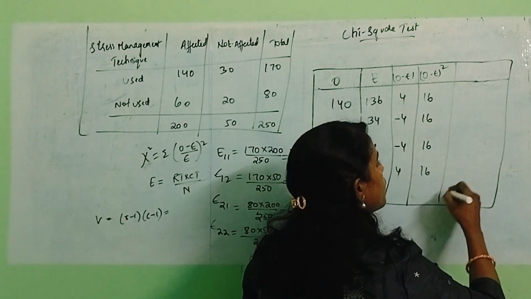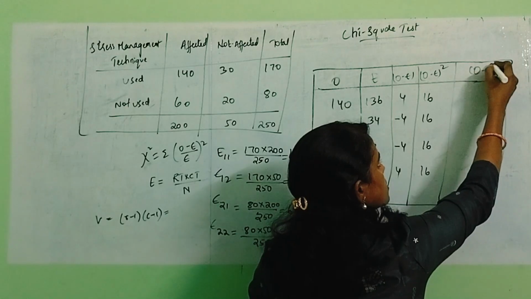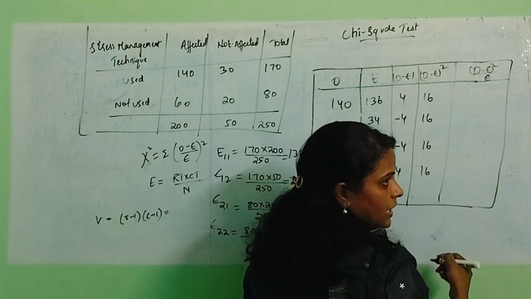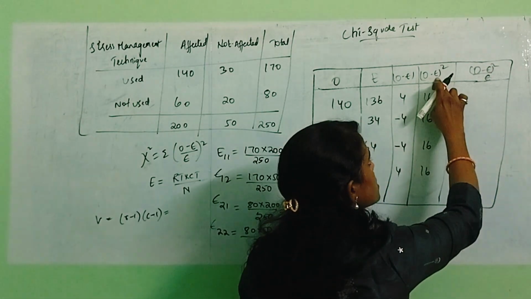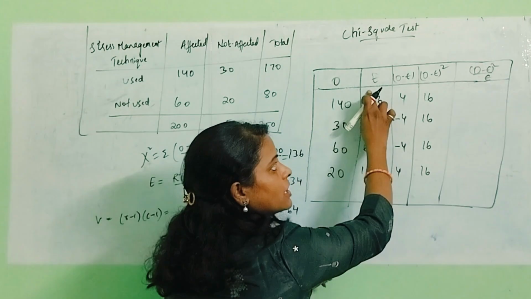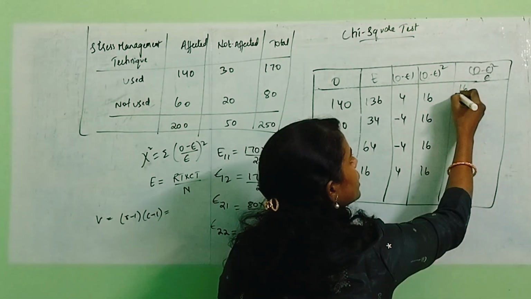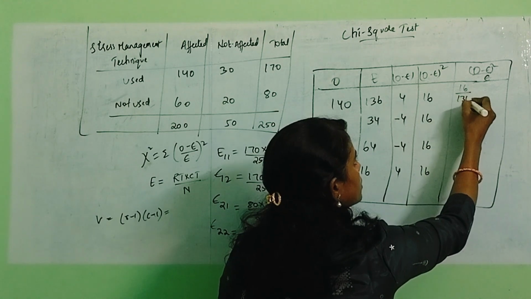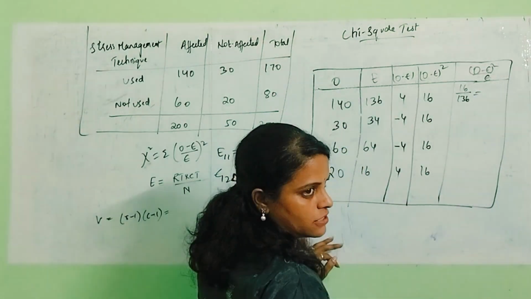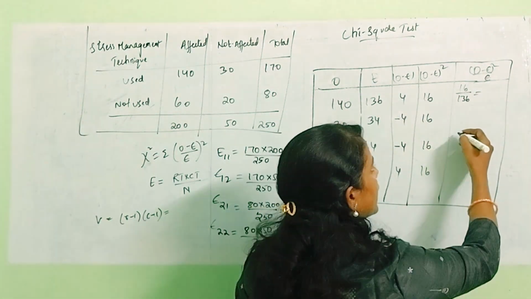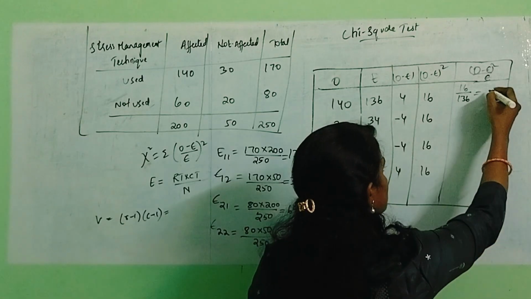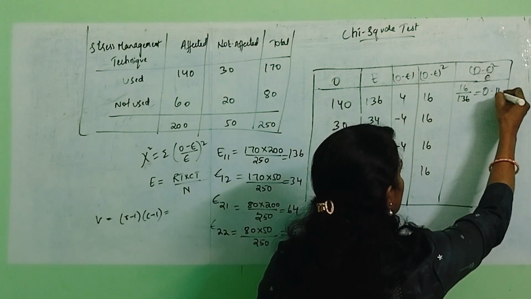Then we have to find O minus E square by E. So this is divided by the expected frequency, and I will write one single value for each. 16 by 136. In this way you have to write. What is the value? 0.118.